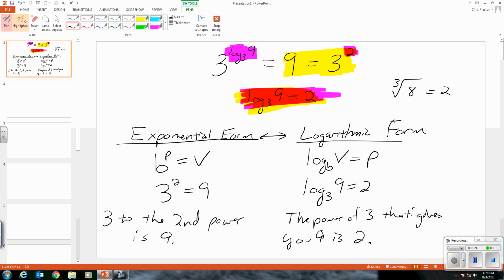So the power of 3 that gives you 9 is 2. And, well, yeah, 3 to the second power is 9. So these statements are the same statement, just in slightly different formats. And this gives us a way to convert. Sometimes things work better in exponential form, and sometimes they work better in logarithmic form.